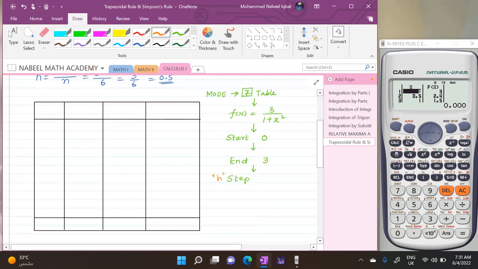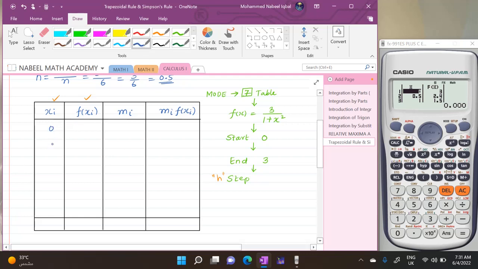This is my x value, and this is my f of x, and mi, and mi into f of x. So I copy these two columns from the calculator.